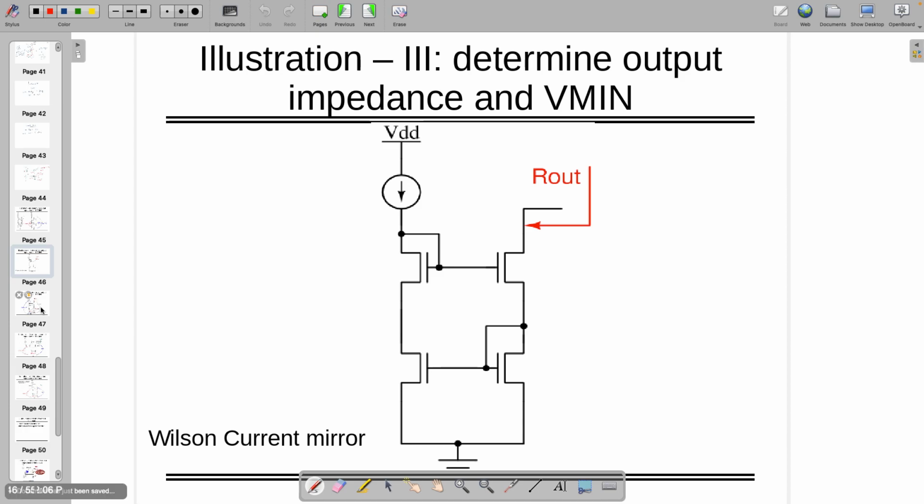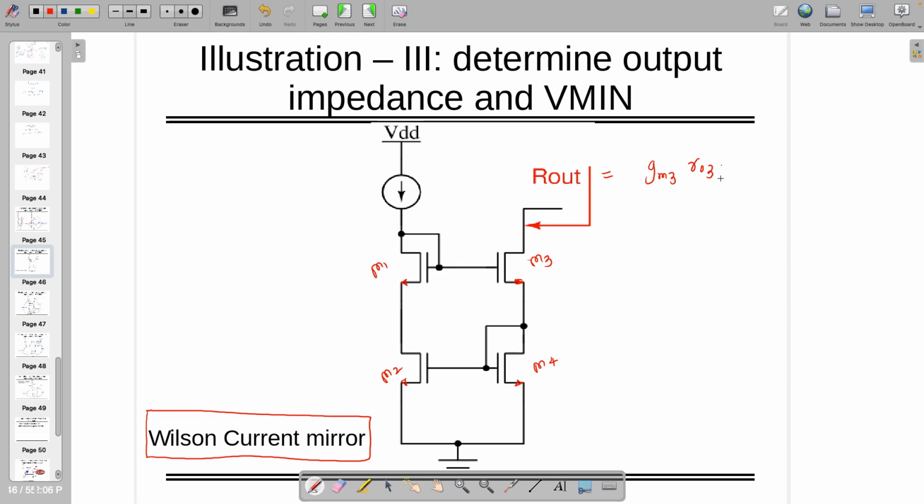Now let's go to another configuration, which is very popular, known by the name of the scientist, the Wilson current mirror. So he gave this topology. It looks like a cascode only. So if I am interested in R out, what will be the R out here? gm4, right?